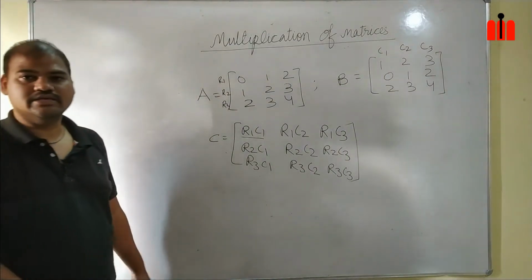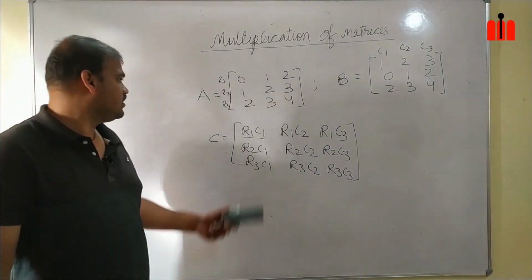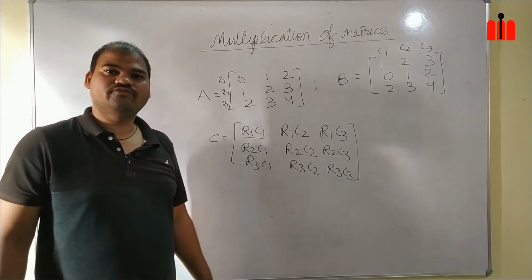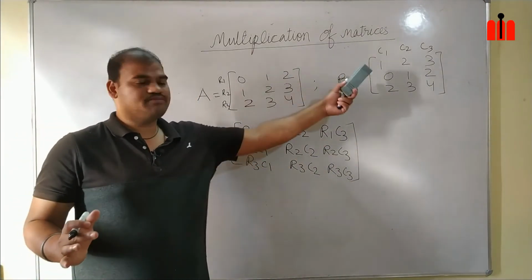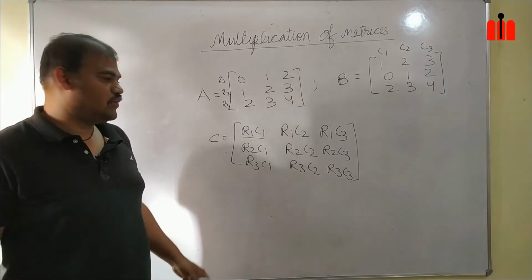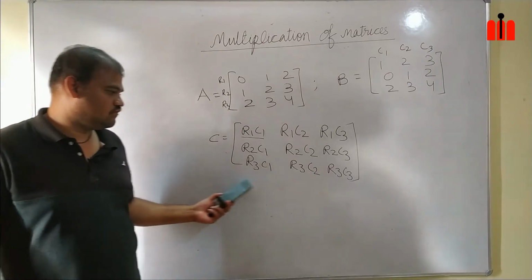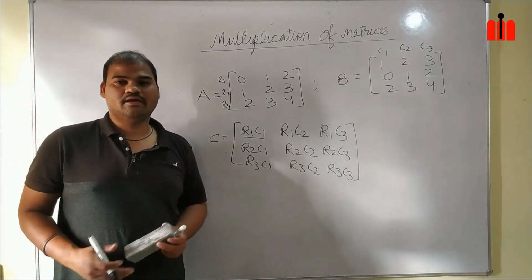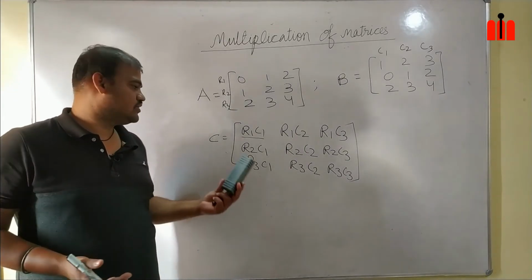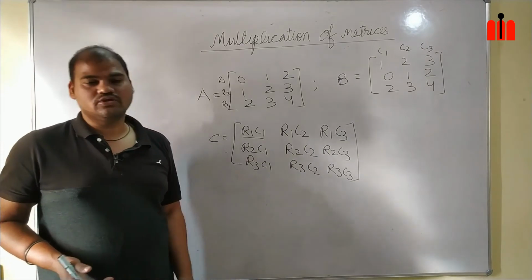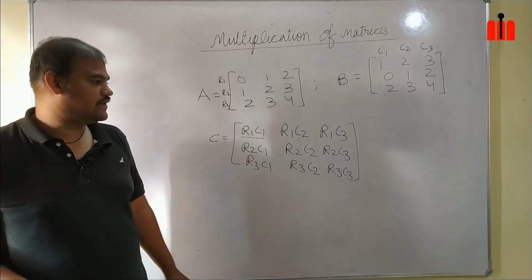This is what is the multiplication. Row of A should be multiplied with column of B with the corresponding elements and summed up. Okay, so this is the chart for getting multiplication result. Result is denoted by matrix C. So you will get this as a result.